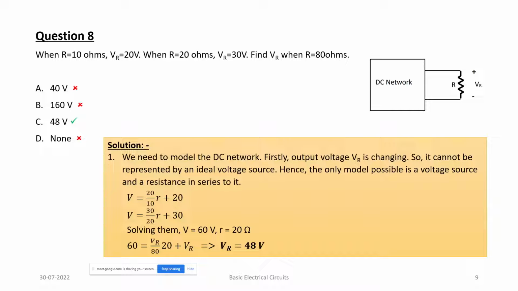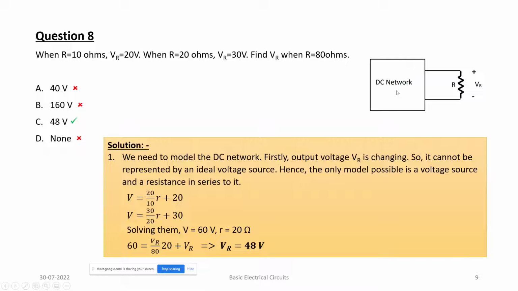Exactly, the voltage will be the same. At first we said that we cannot have an ideal voltage source, since we can see the voltage changing. So the only possible combination is the voltage source and a resistance in series with it. You are absolutely correct. So we can represent this DC network as a voltage source and the resistance R in series with it.